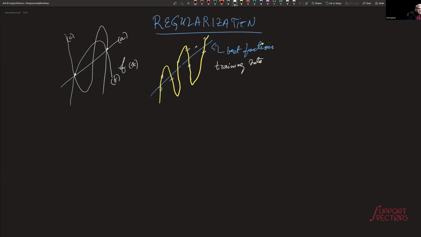Some crosses here, some crosses here. These crosses are test or validation data. Now, what would happen if you look at the total error, the sum squared error, or average sum squared error, whatever you want to look at, but let's start with sum squared error.